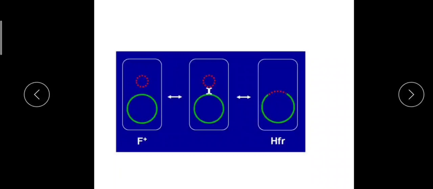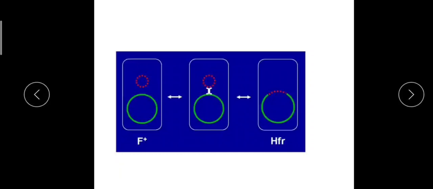Here it is independent, not having any contact with chromosomal DNA. But if it comes in contact with the chromosomal DNA and integrates with it, then we call it an episome. So in some cases these plasmids behave like episomes and get integrated with the chromosomal DNA, thus forming a recombinant DNA.